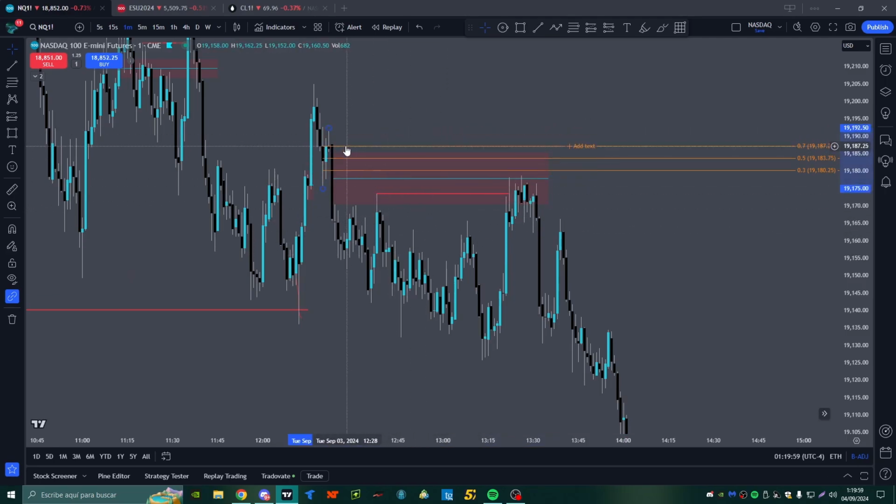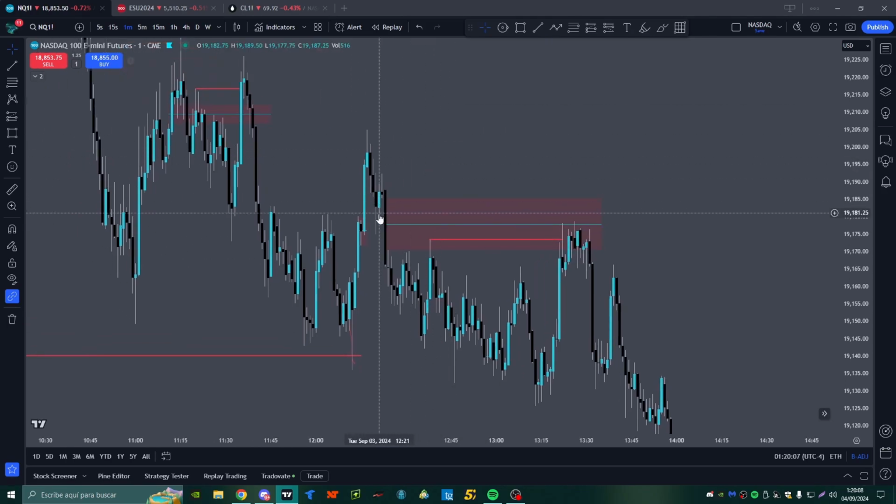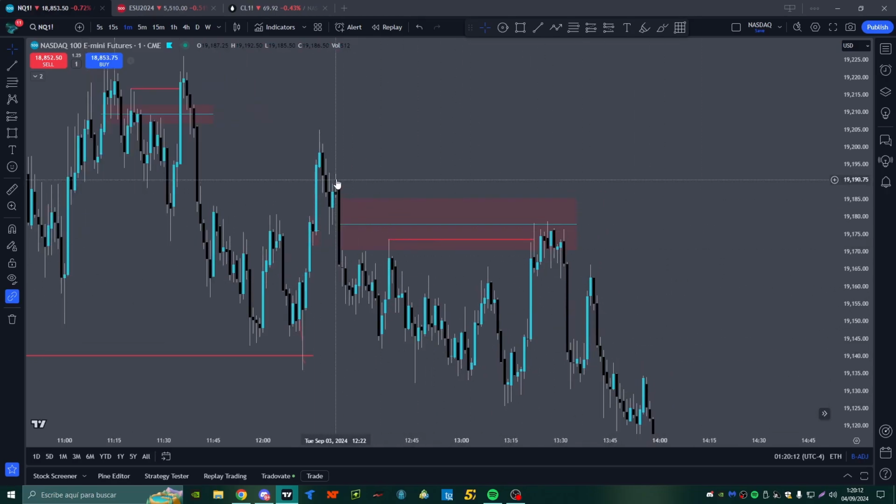We have this area left. And what is on top with this imbalance, with this displacement? The imbalances are a sign of strength in one direction. So, we have the area that this responsible one breaks for us. Therefore, we know that the price can come to mitigate that, to give the continuation once this is forming.